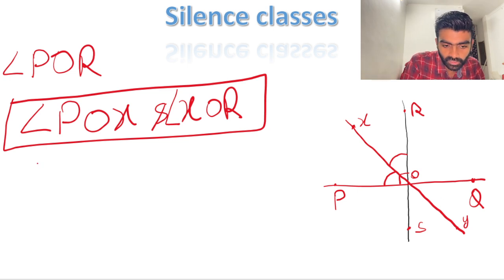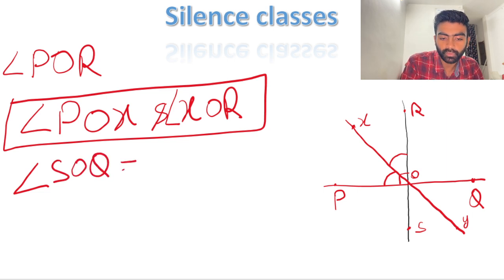Now we can also find the second one. Over here, angle SOQ is also 90 degrees, and YO is dividing this particular angle like this.